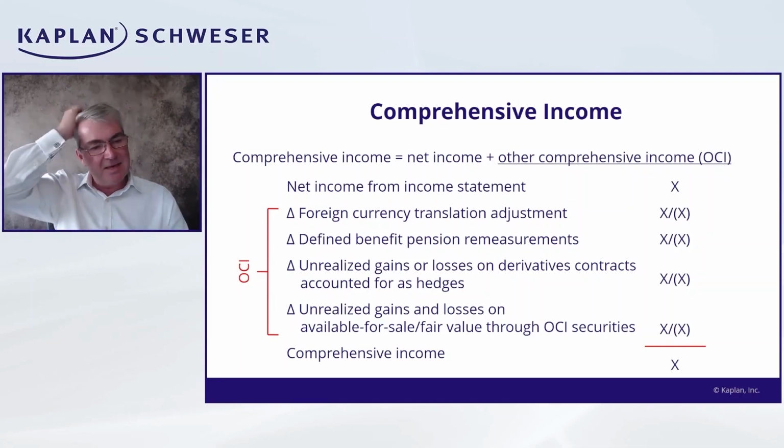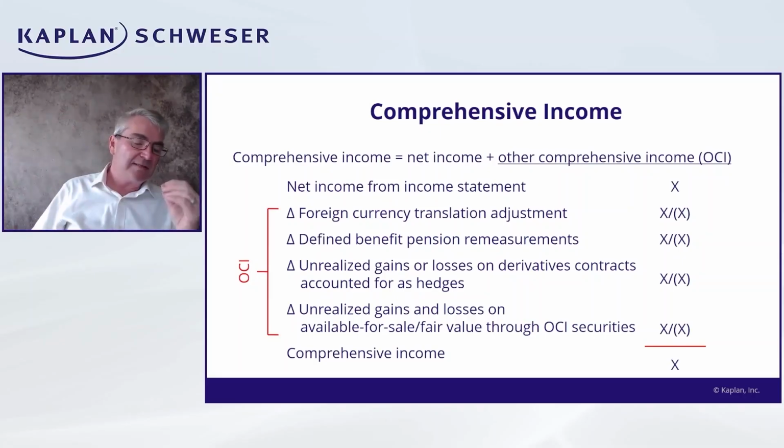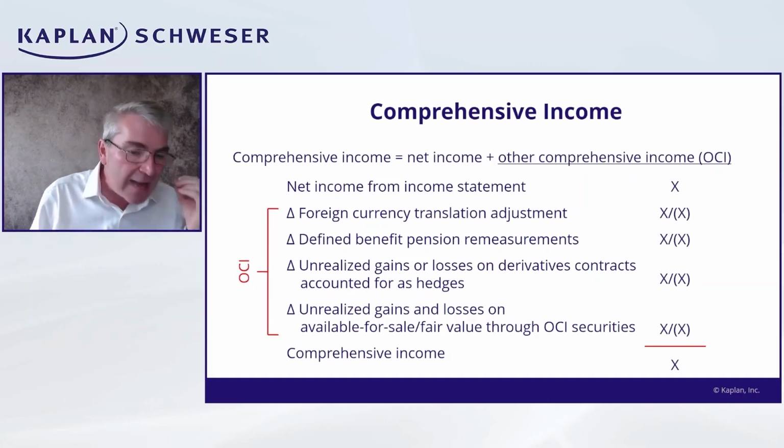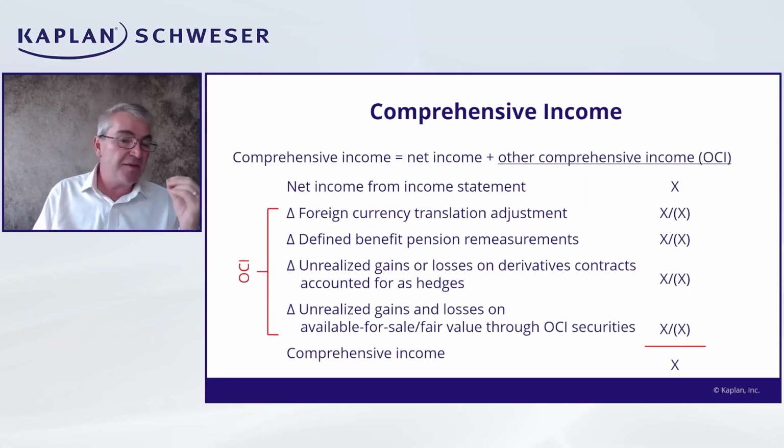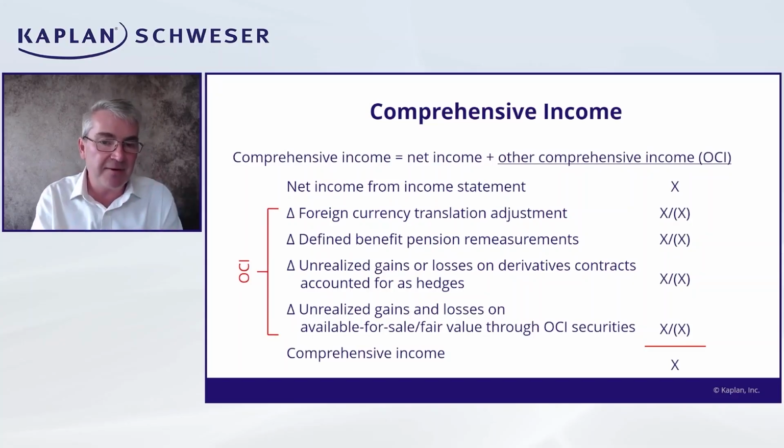What we're then going to do is look at all of those items included in accumulated other comprehensive income. But we have to be careful here, because the balance sheet is cumulative. We want this year's gain or loss, which means we need to look at the change in each of these other comprehensive income items. So it's not the foreign currency translation adjustment sitting in the balance sheet at year end. It's the change in the foreign currency translation adjustment from last year to this year.